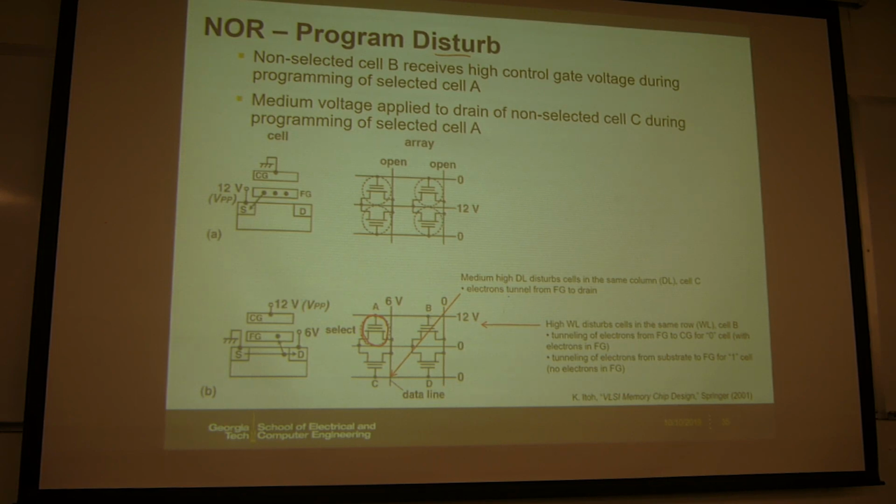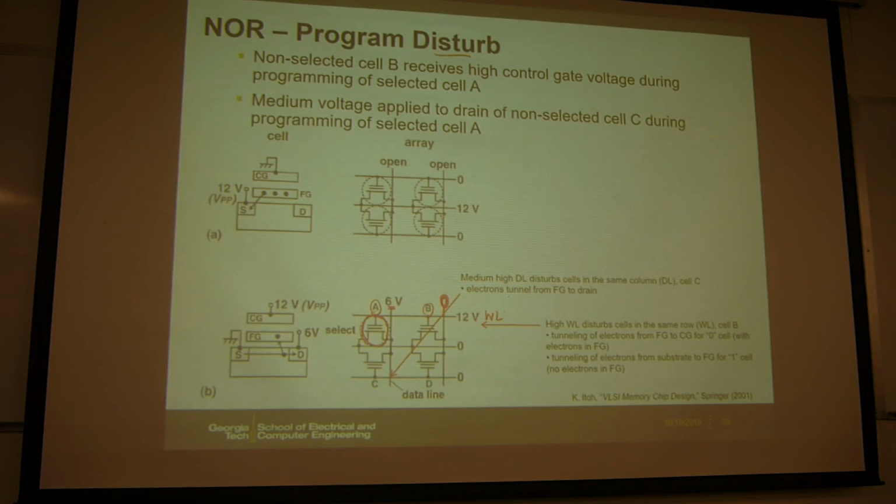For example, cell B here is on the same word line as cell A, but you don't want to program cell B. So what you do here is apply 0 voltage to cell B's bit line. Cell A is the program cell, so you apply 6 volts. But cell B, you apply 0 volts there.